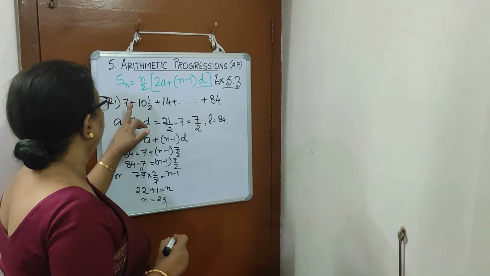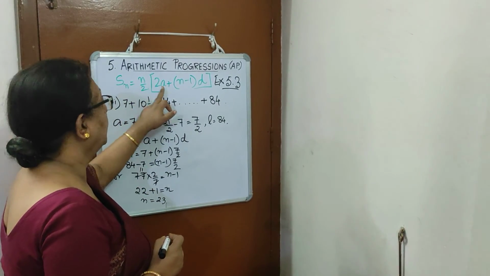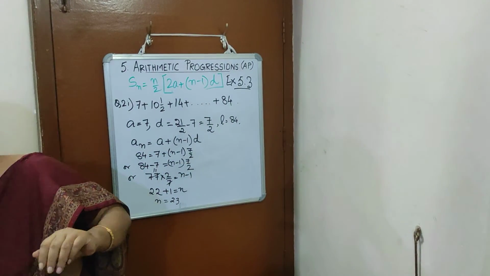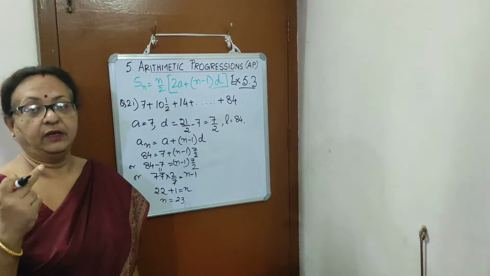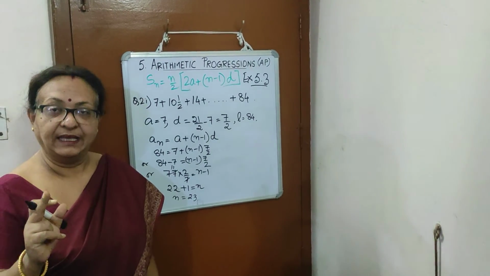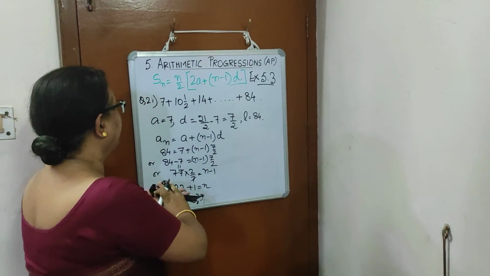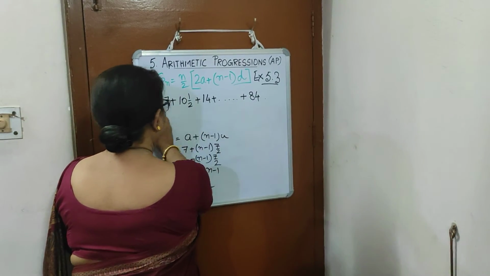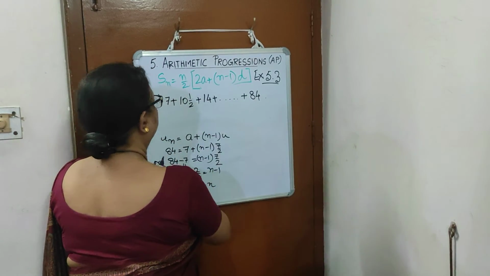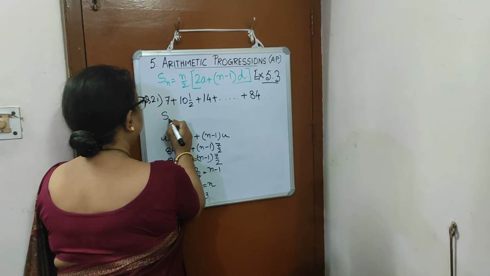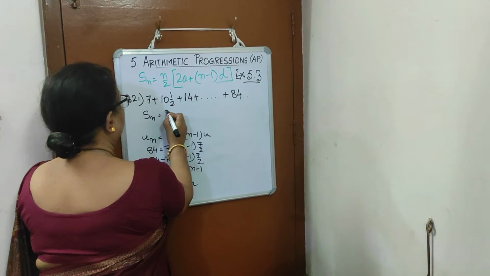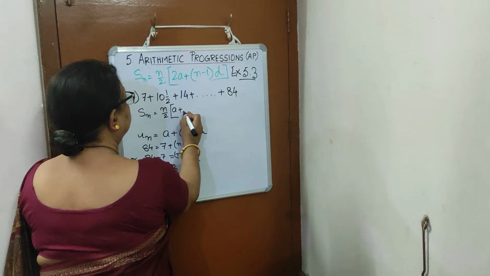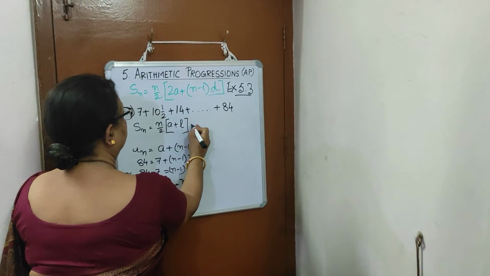So now you know n, you can substitute the values either in this one, or we have another formula when you know the first term and the last term. So we can now substitute it there. What we have? n by 2, first term plus last term. What is n here?